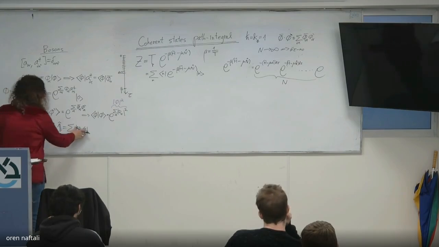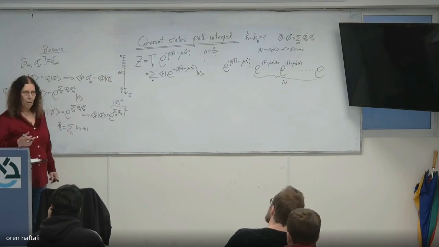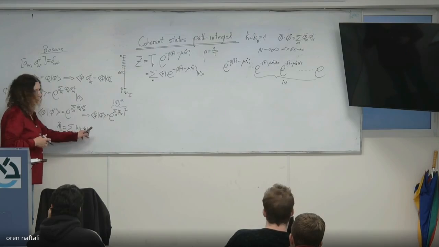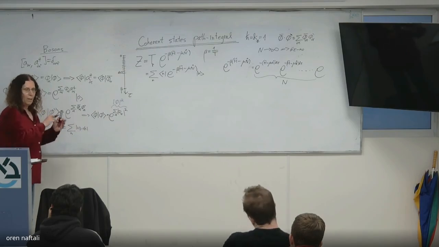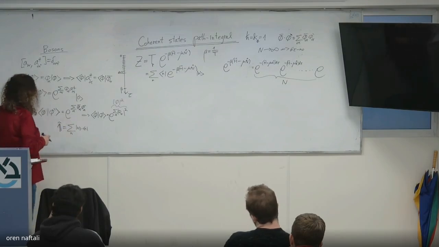This gives the resolution of identity provided that n is an orthonormal basis. Because actually, what are we doing? Each term in the sum, we are dividing by the inner product of n, which is 1. Therefore, I don't bother to write it.